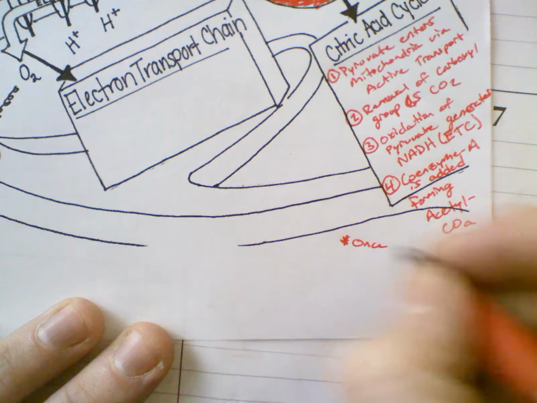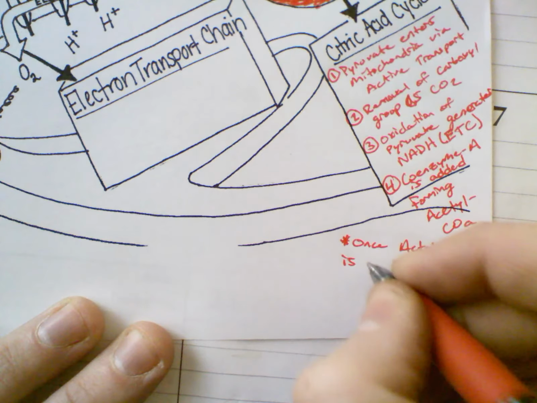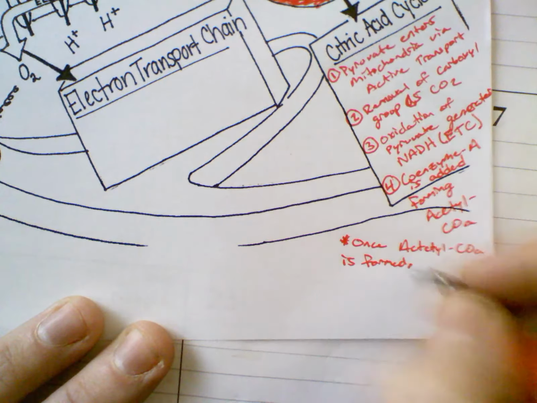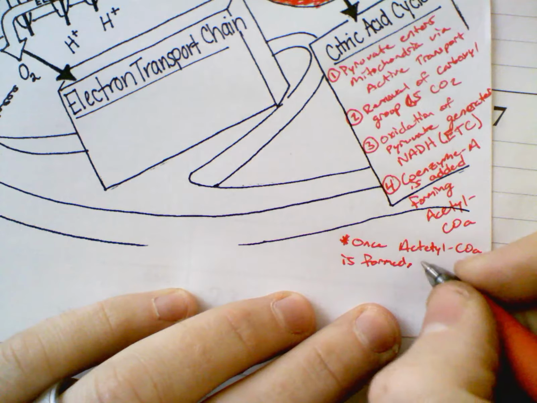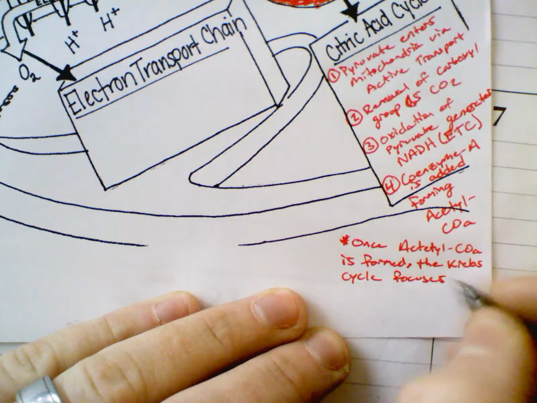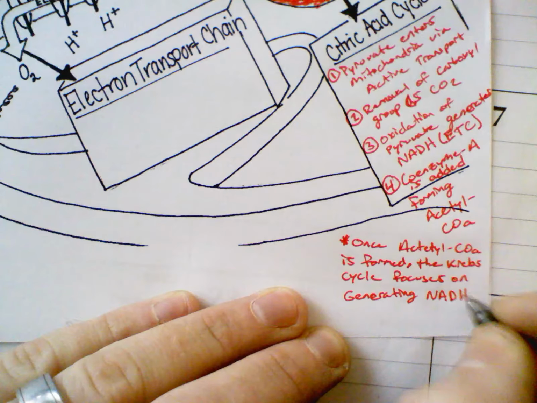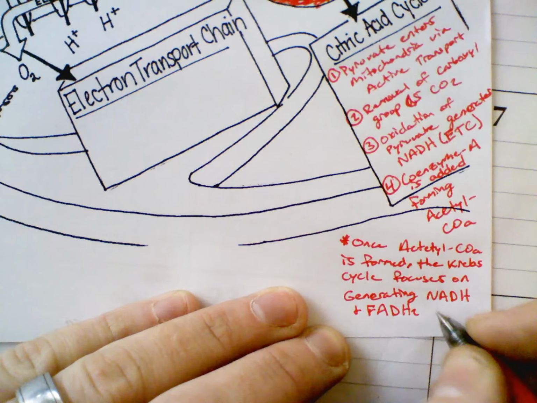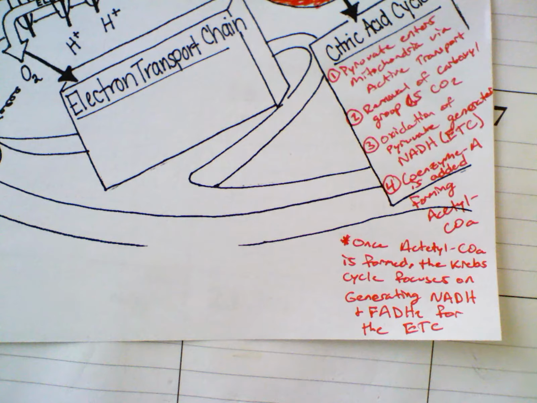So once acetyl coenzyme A is formed, the Krebs cycle is all about oxidizing the pyruvate and generating NADH and FADH2 for the electron transport chain.